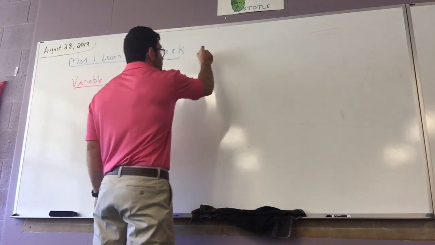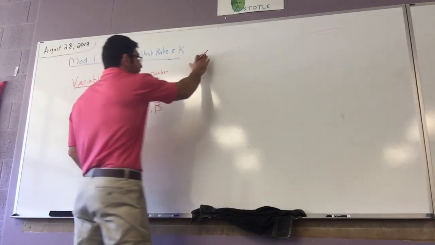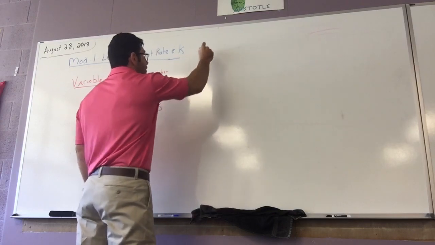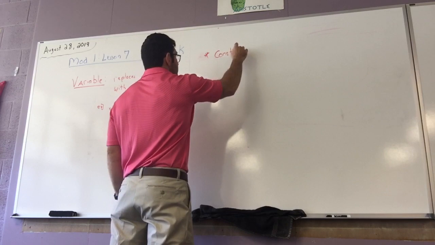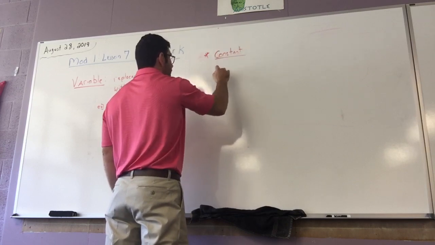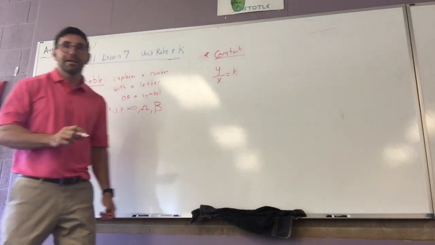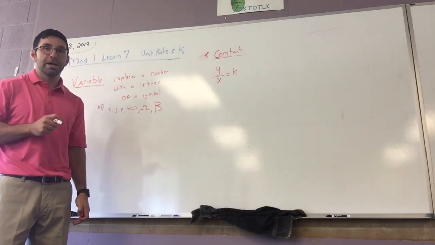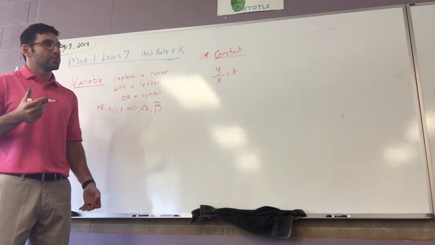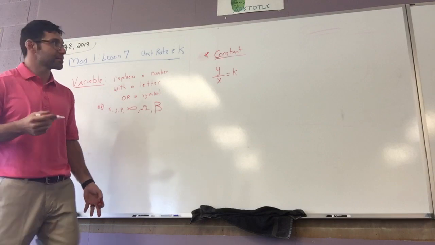Quick review for the 7,400th time. So, constant: we take Y, we divide it by X, and that gives me my K. That is how we find the constant of proportionality. So, why do we have unit rate and K as our lesson?